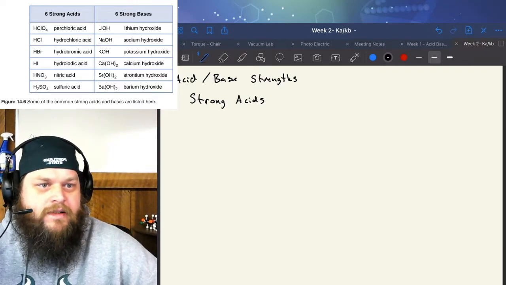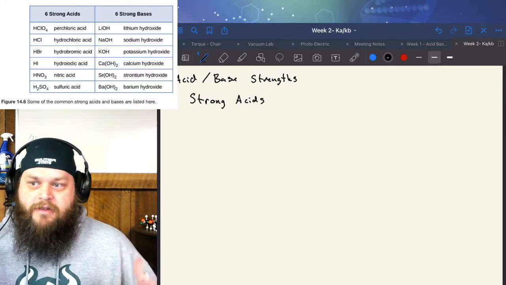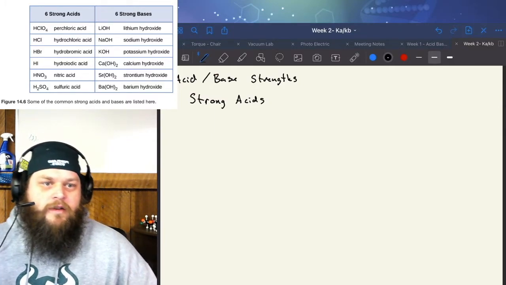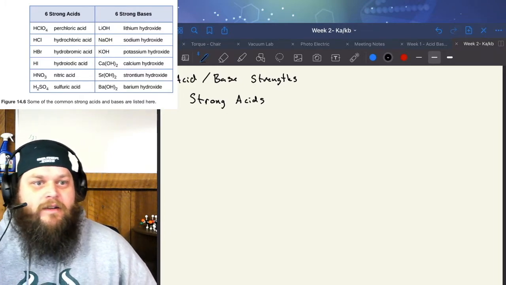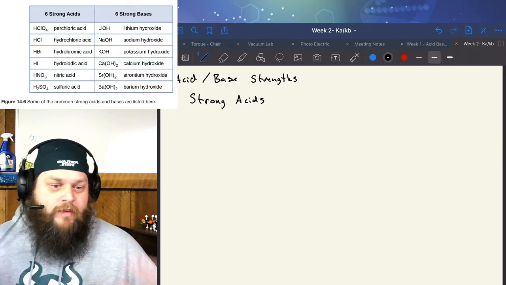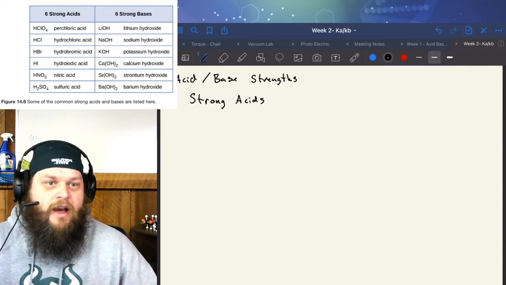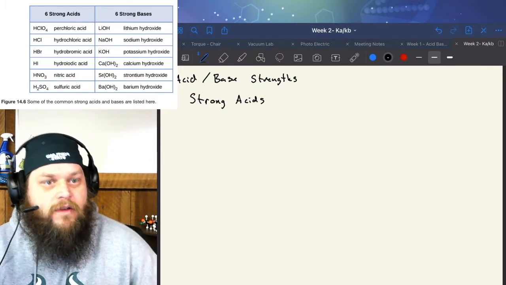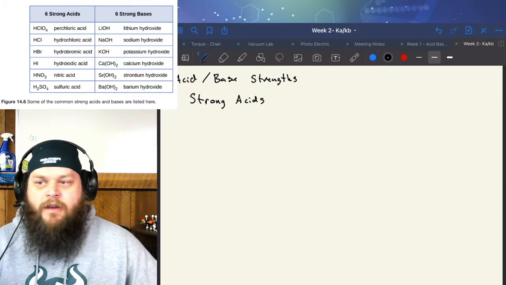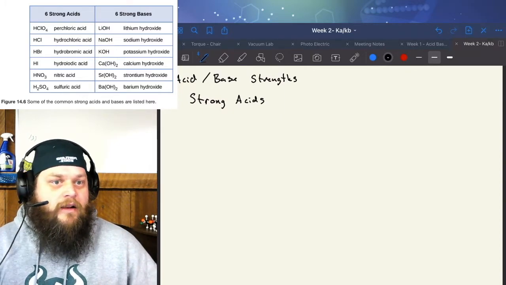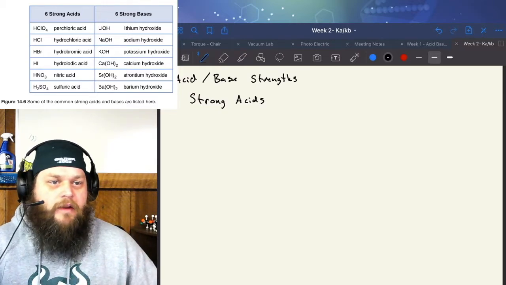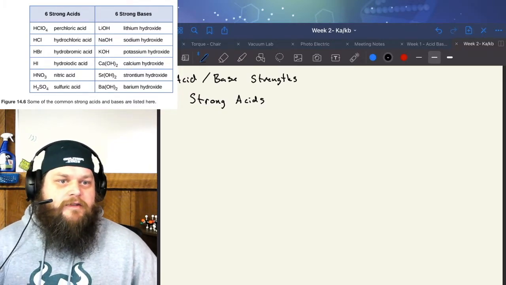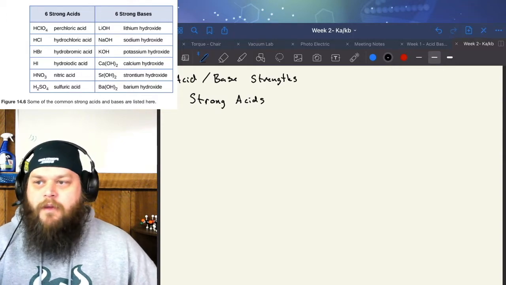Those strong acids and bases fully dissociate in water. So anytime you add, for example, perchloric acid or hydrochloric acid to water, it breaks up completely into basically hydrogen ions and chloride ions in the case of hydrochloric acid. The hydrogen ions are going to create hydronium for all of those, and the chloride ions are really just going to be floating around in the water, very happy to just be floating around in their ionic form.